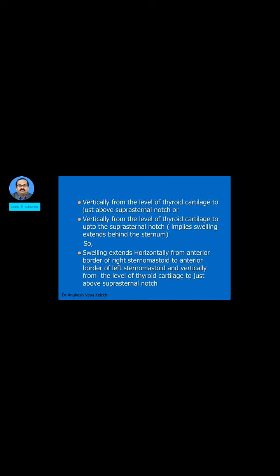That means that the swelling is going behind the sternum. So the swelling extends horizontally from the anterior border of the right sternomastoid to the anterior border of the left sternomastoid, and vertically from the level of the thyroid cartilage to just above the suprasternal notch. So these are the inspection findings.